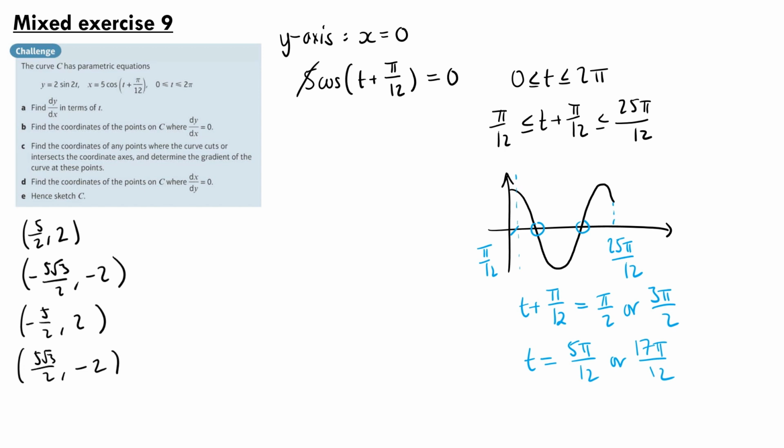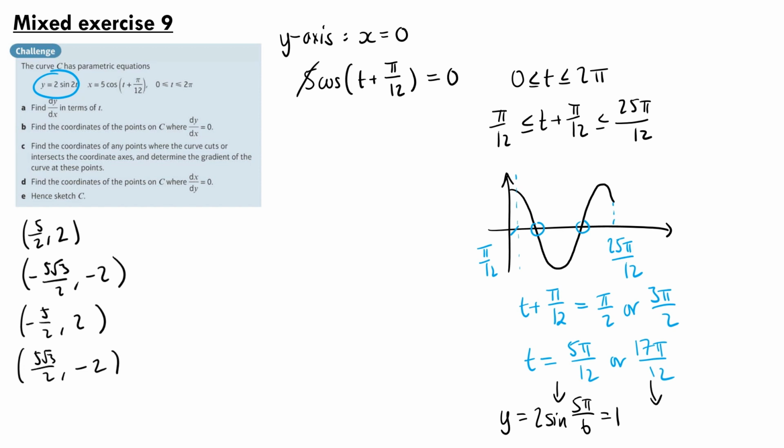Okay, so we know that the x coordinate is going to be 0. The y coordinates, we just need to plug these values back into the parametric equation for y. So here we have x being equal to 0, y is equal to 2 sine of 2t, so 2 sine of 5 pi over 6, which is 2 times a half, which is just 1.